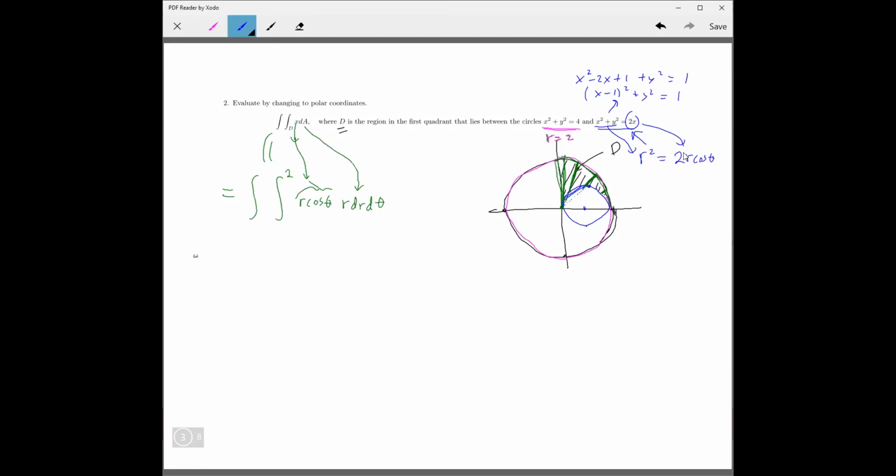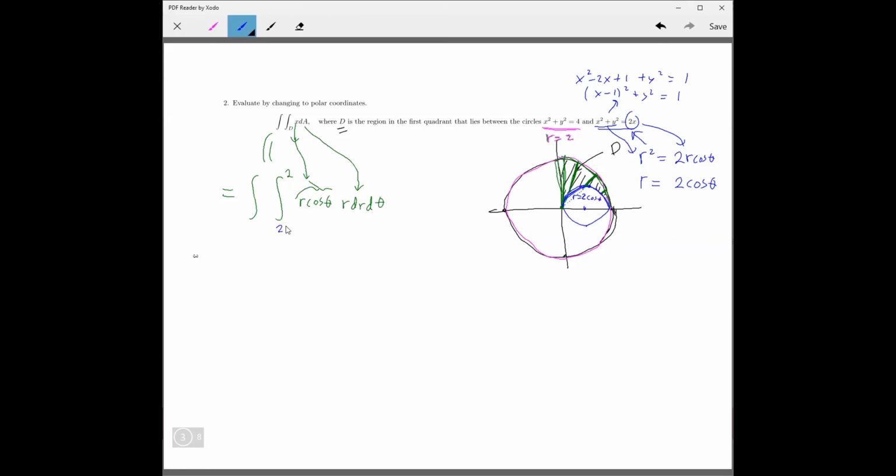Okay, so if you see this equation, what do you have the urge to do? Do you not have an urge to divide by r? Yes, divide by r. So the equation of this whole circle is r equals 2 cosine theta.